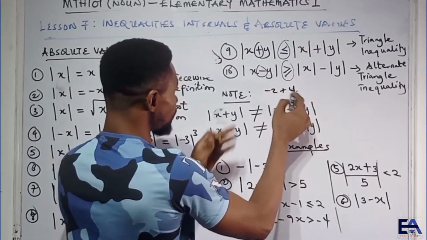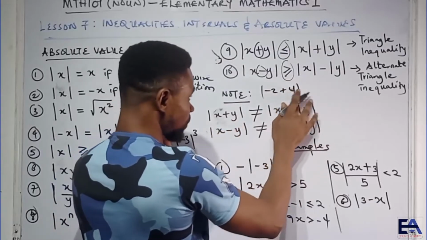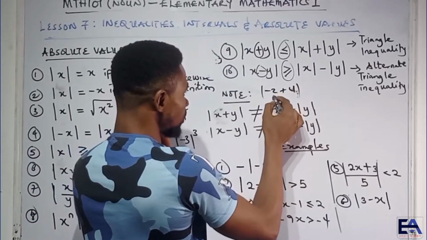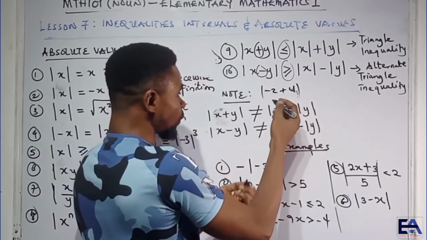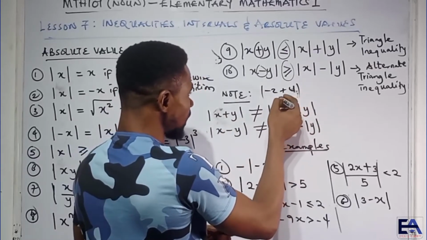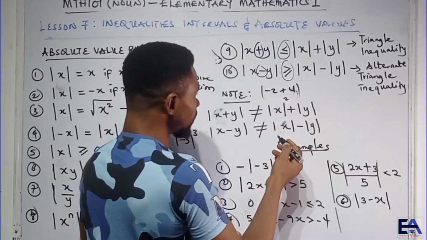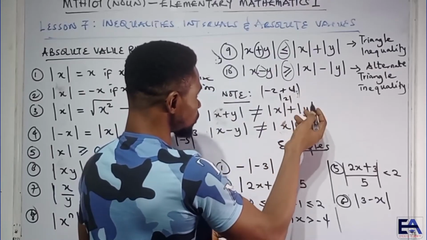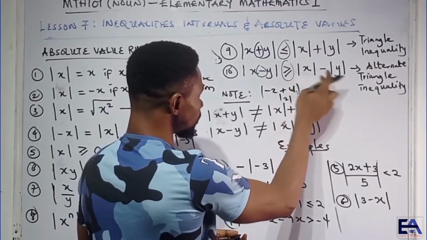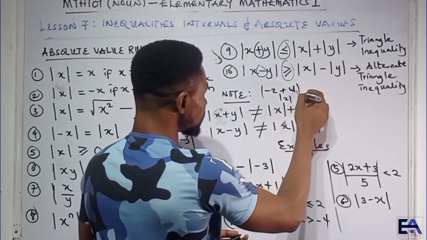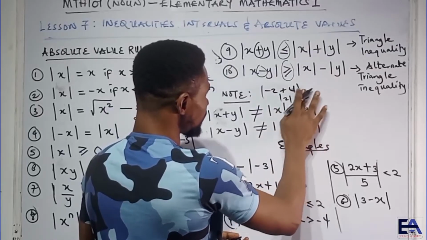So the absolute value of minus 2 plus 4: minus 2 plus 4 is going to be positive 2, and the absolute value of positive 2 is 2.